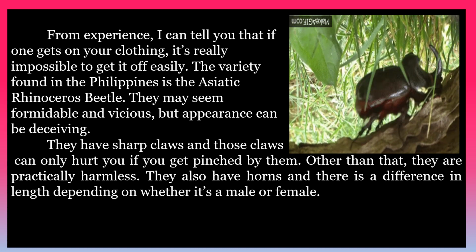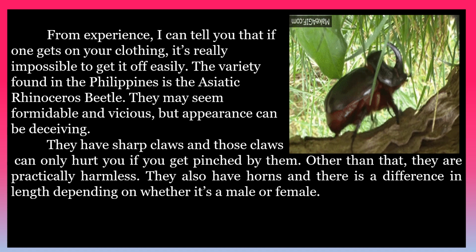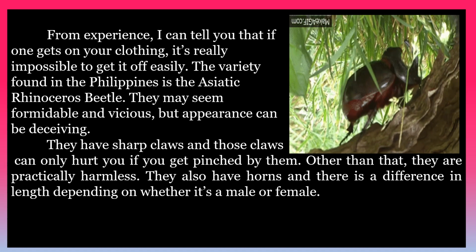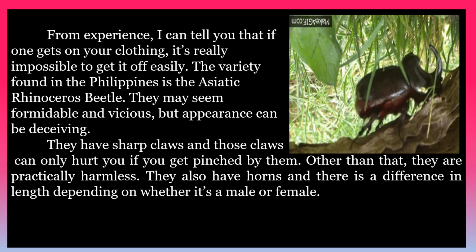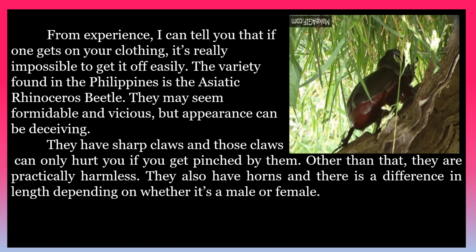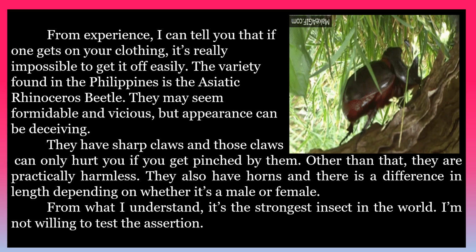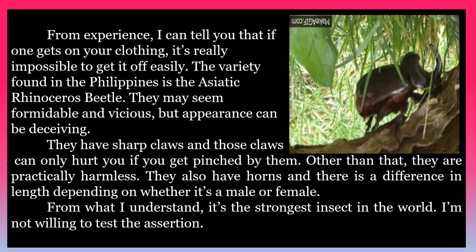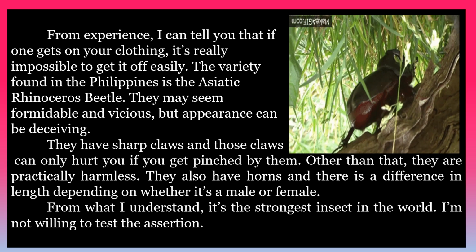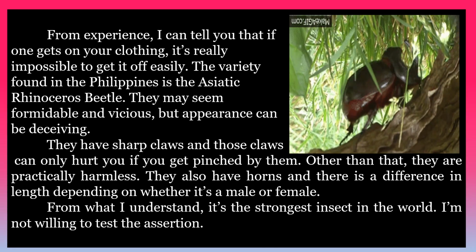Other than that, they are practically harmless. They also have horns, and there is a difference in length depending on whether it's a male or female. From what I understand, it's the strongest insect in the world. I'm not willing to test the assertion. So that is uwang and salagubang.